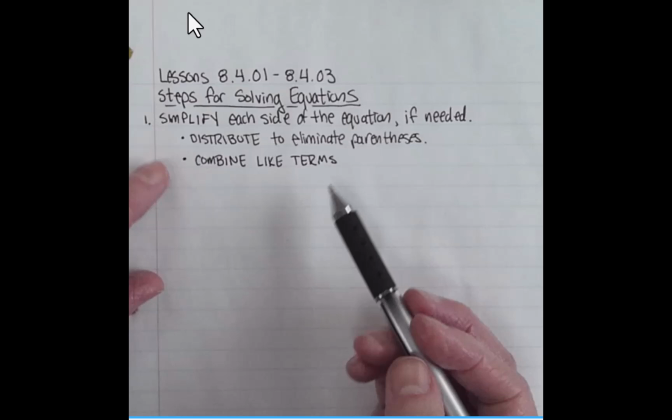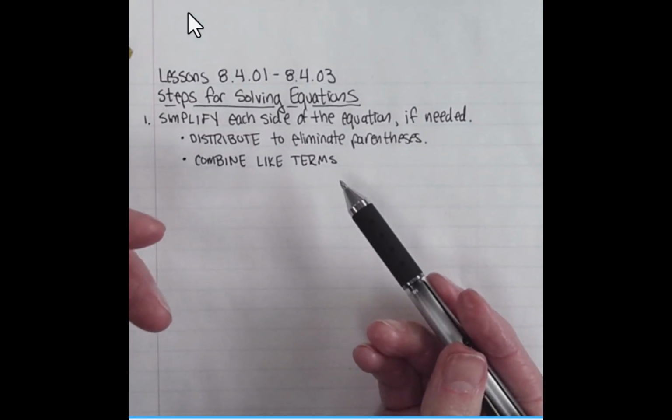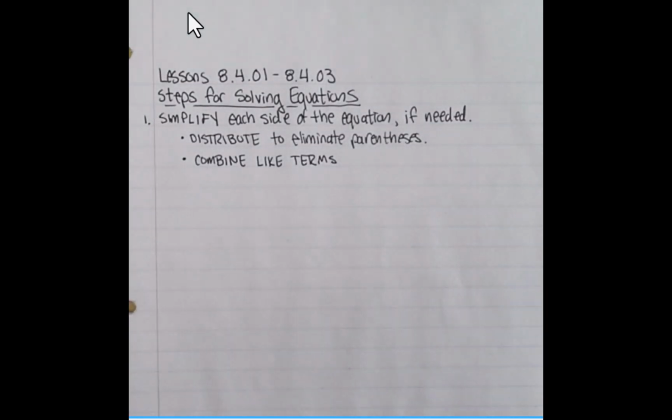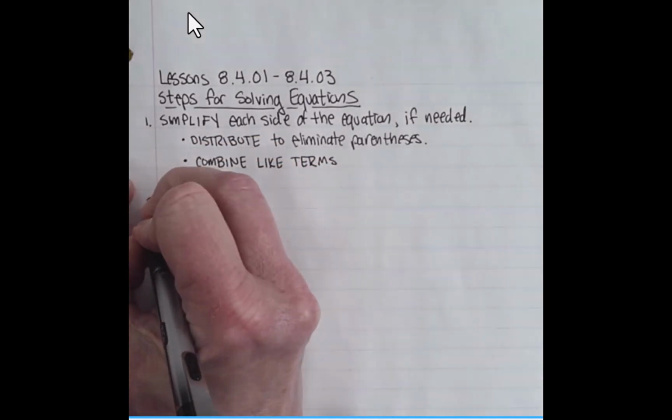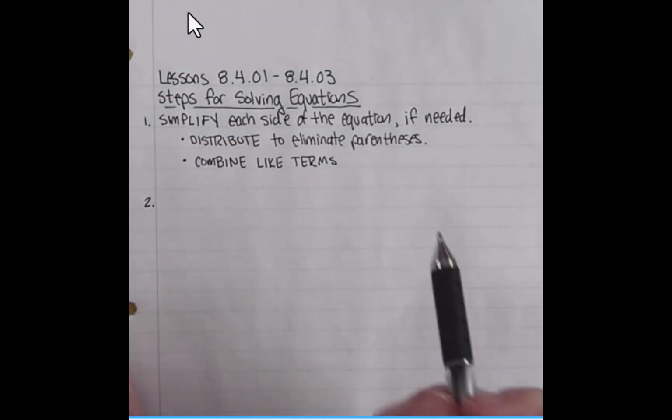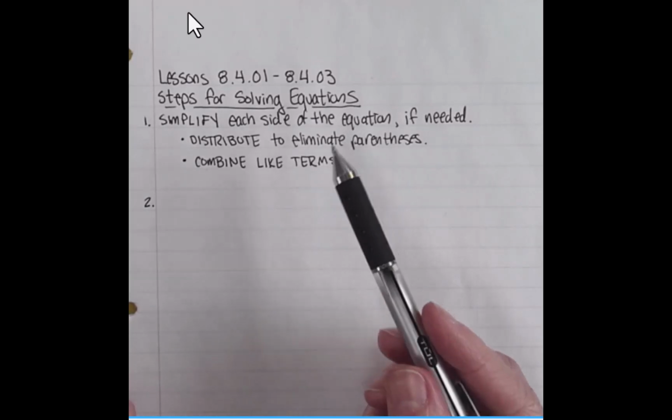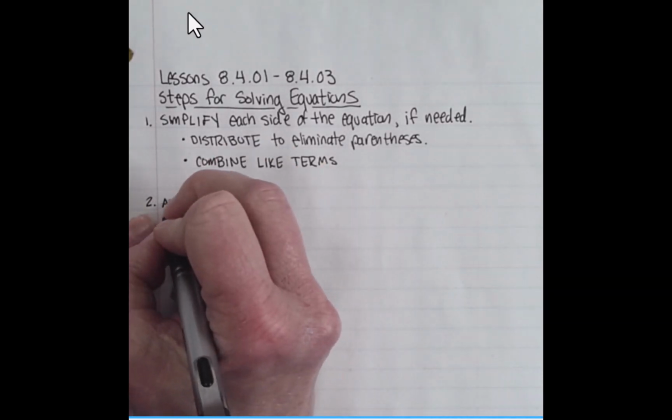So that first step, we're not really solving anything, we're just making the problem look a little easier to deal with. Once we have both sides of the equation simplified as much as we can, then we actually start solving.